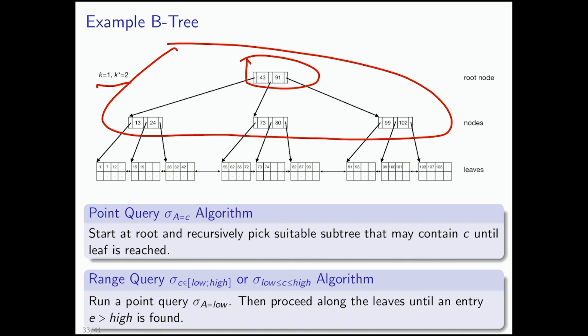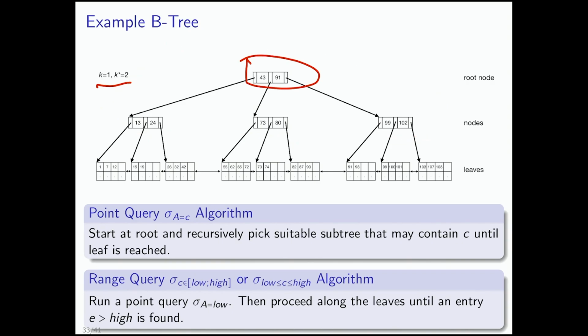That means if you see 2 keys, like here in the example, there must be 2 outgoing nodes plus 1. Always one more arrow goes down than there are keys in these inner nodes. So we have 2 keys and we have 3 of these arrows.